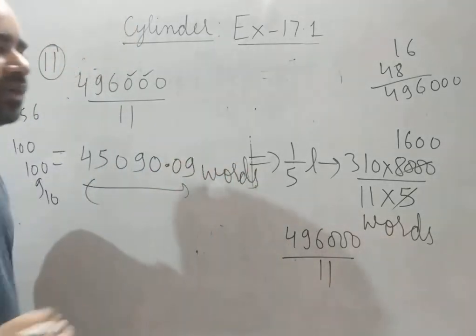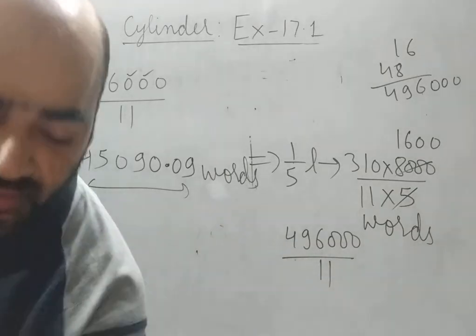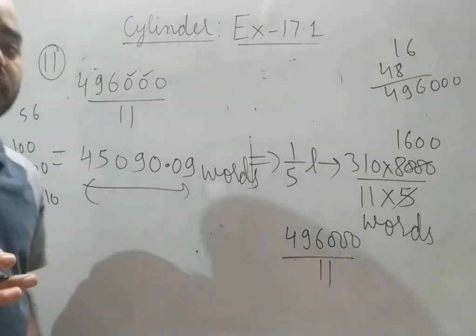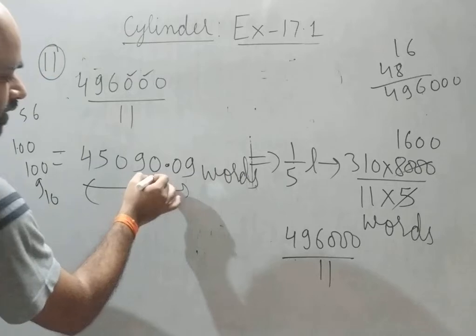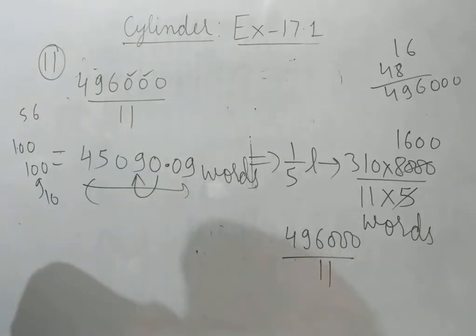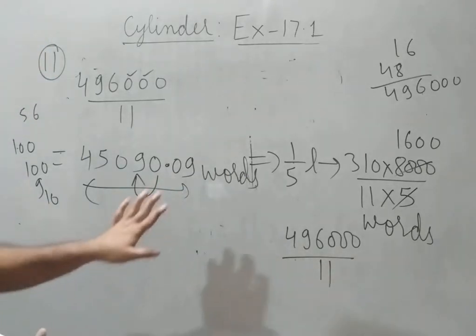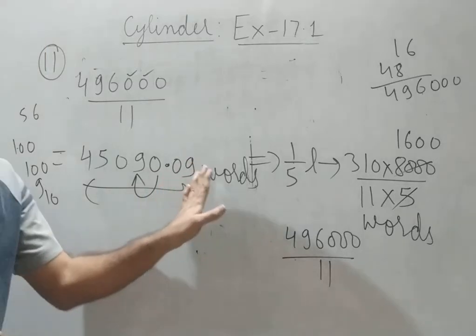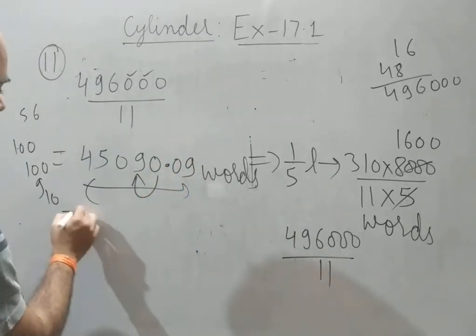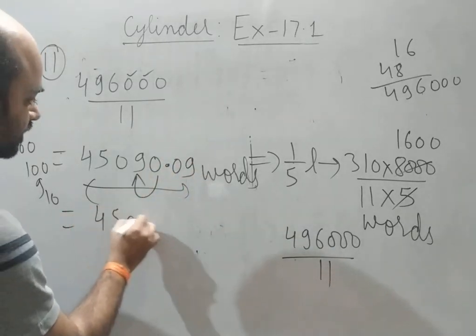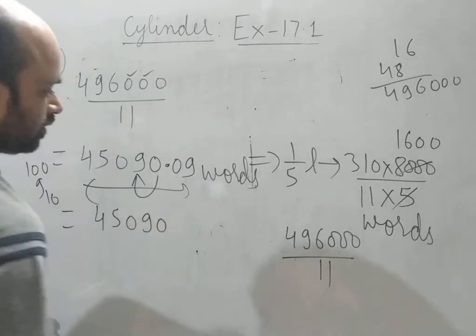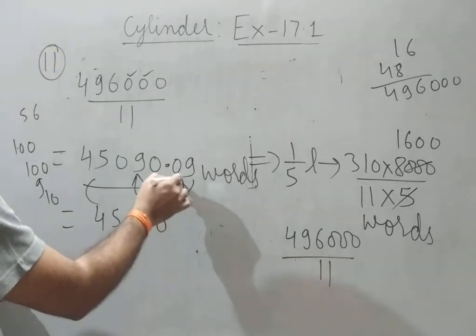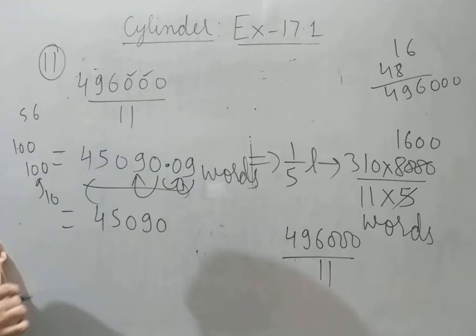So we have to give the answer correct to the nearest 100. Nearest 100 means we have to see the tens position. Now we are going to remove the decimal. When you remove the decimal, this will be 45090. After removing the decimal this will remain the same.